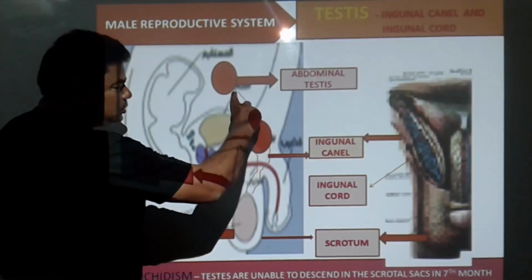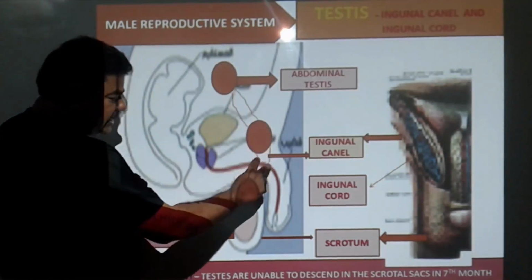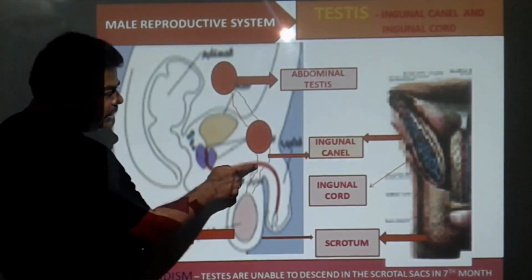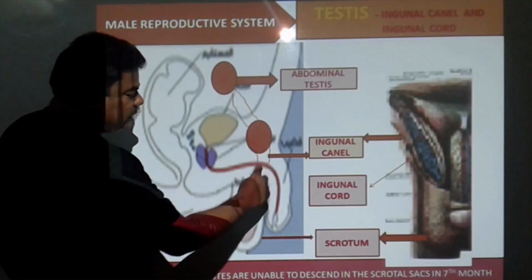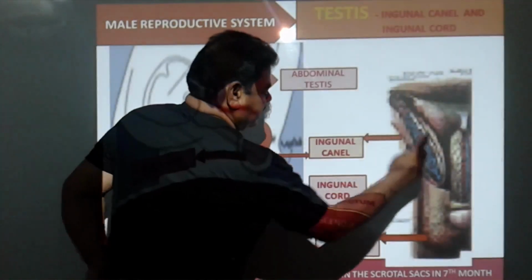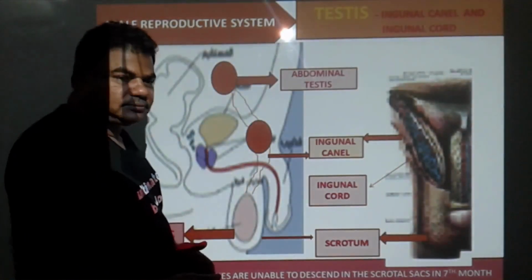By the inguinal cord, these two testes get pulled through the canal. That canal we call the inguinal canal, and the cord present in this inguinal canal we call the inguinal cord.